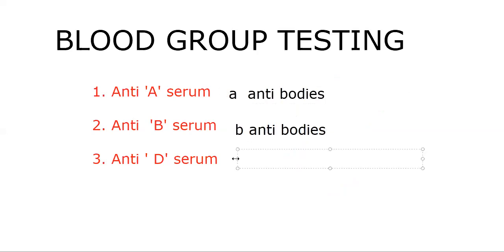Anti-D serum contains RH antibodies, which can bind against the RH factor. Just listen carefully here. The first test is going to be difficult. After that, the remaining you can make very simple and comfortable. Okay. A antibody binds with A antigen.